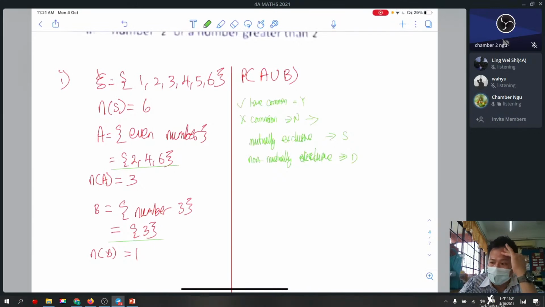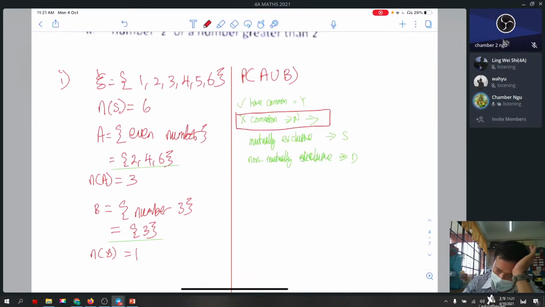Is it mutually exclusive or non mutually exclusive? You say you don't have the common element.